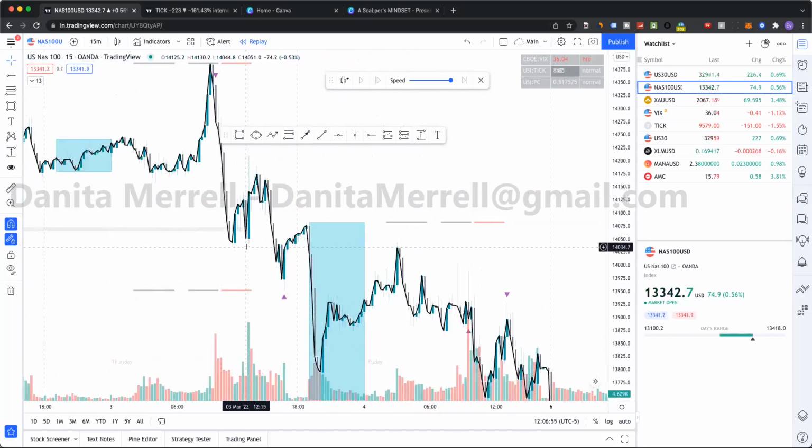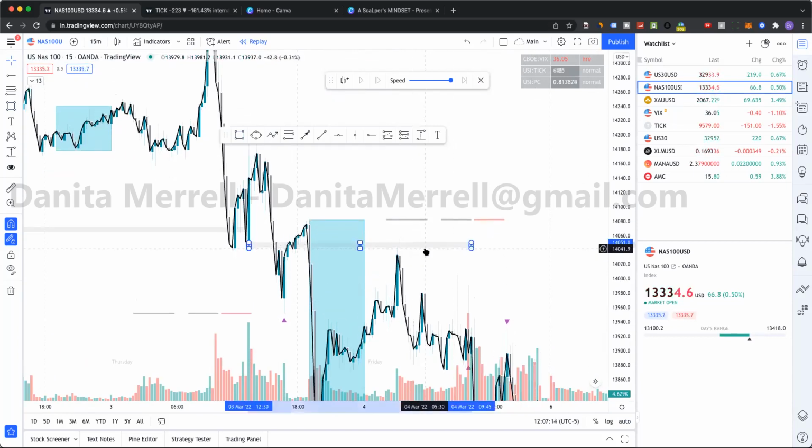Okay, we have resistance, right? One break of the resistance, two breaks of the second resistance, and then the entry point is right here. I can pull this out here. Okay, let me make this darker so you can see it.